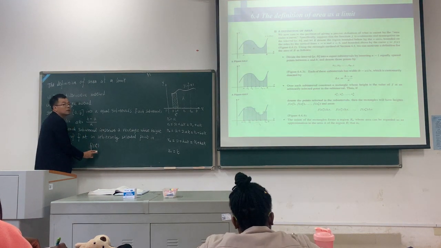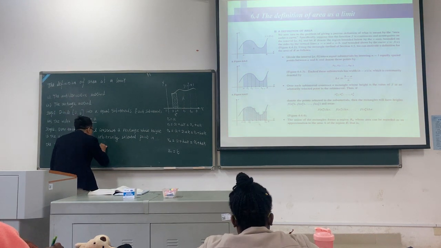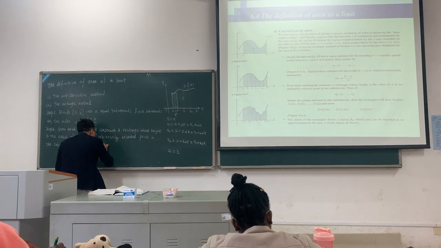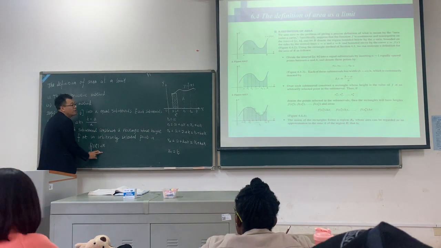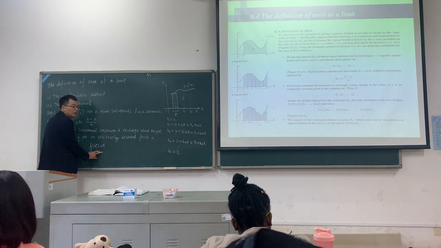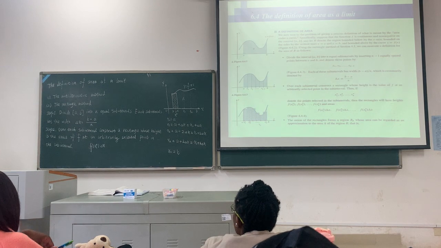This is the height, and the width is delta x. So this is the area of the first rectangle. So now do it again.